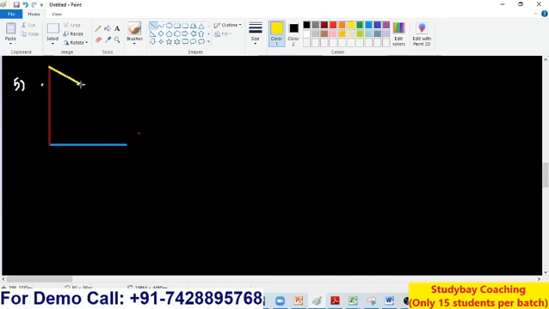He observes the top of the tree and finds out that the angle of elevation is 60 degrees. Alright. Now he moves, let's say, 40 meters away from the bank, like this. And now when he looks at the tree, he finds that the angle of elevation is now 30 degrees.